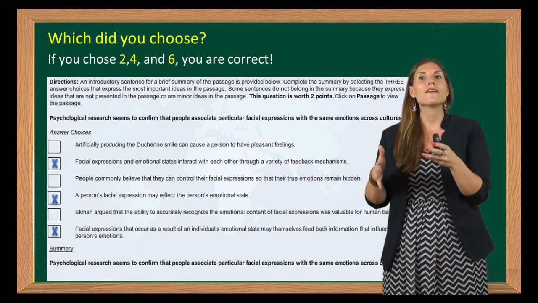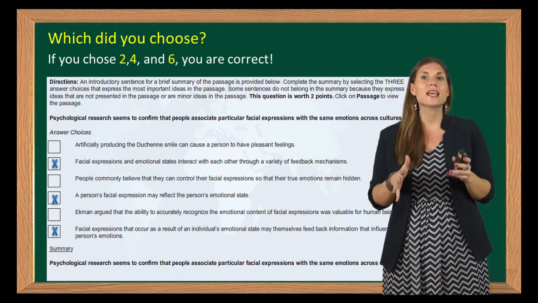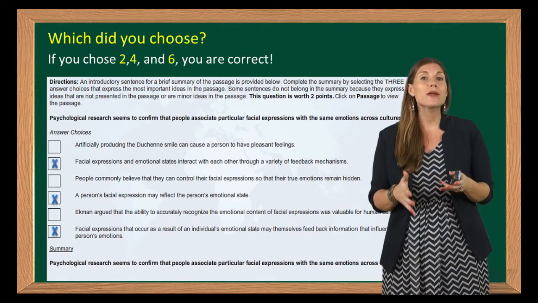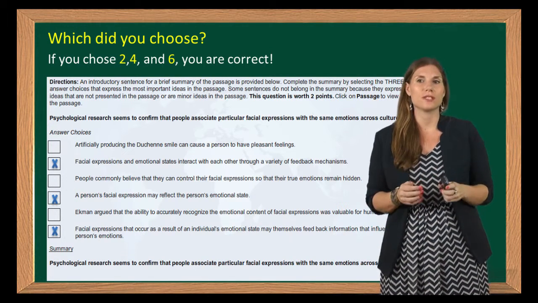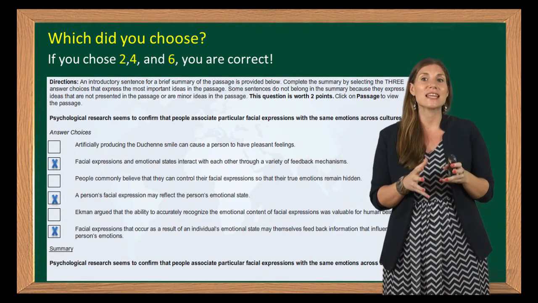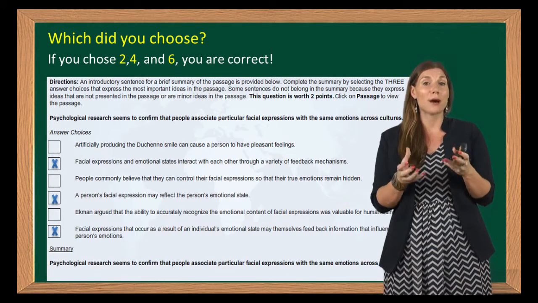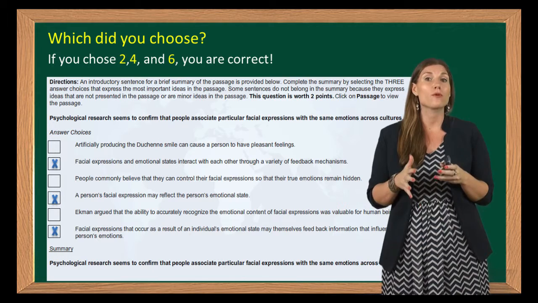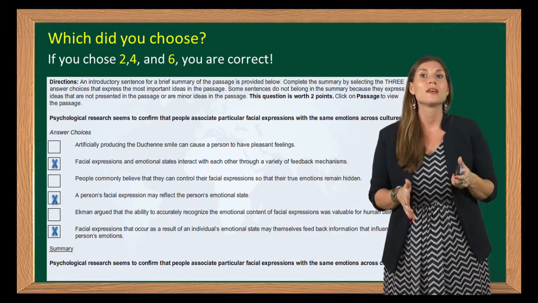Paragraphs 3, 4, 5, and 6 are devoted to discussing attempts to understand whether and how facial expressions may reflect a person's emotional state. Choice 6 is correct because it is the main tenet of the facial feedback hypothesis. That is extensively discussed in paragraphs 3, 4, 5, and 6.